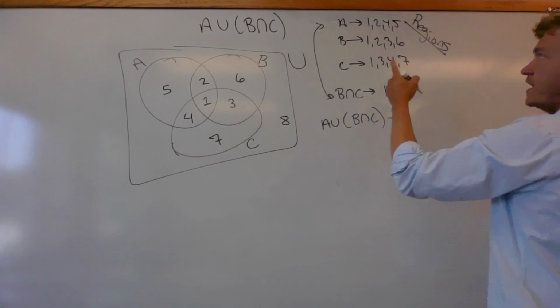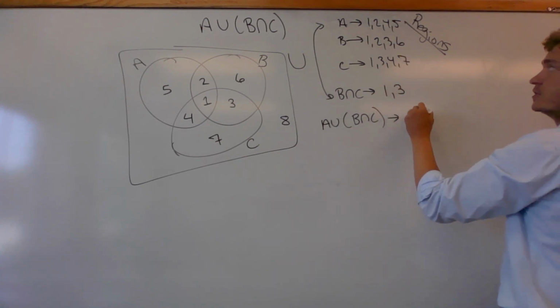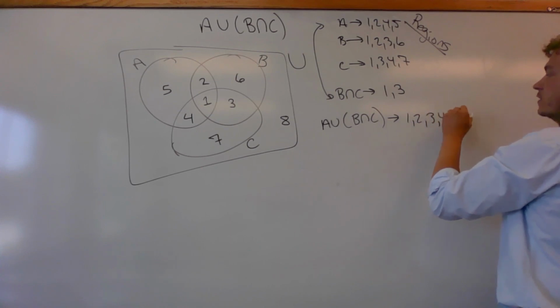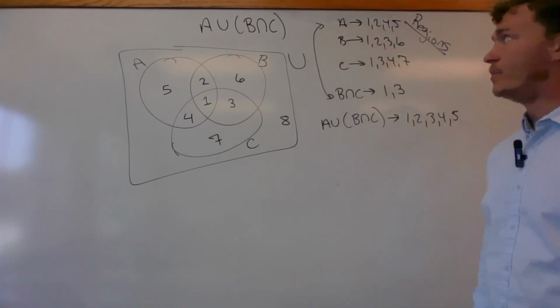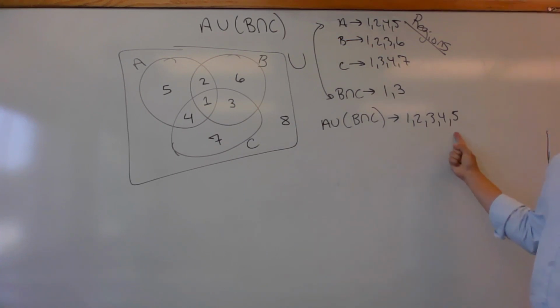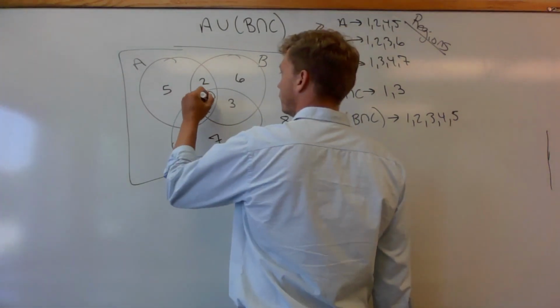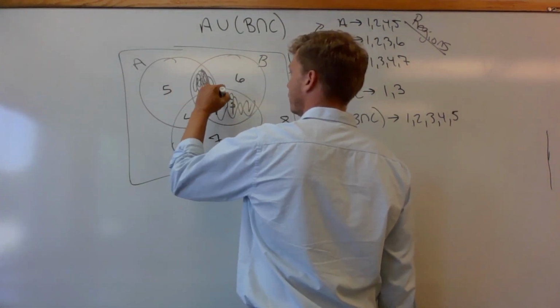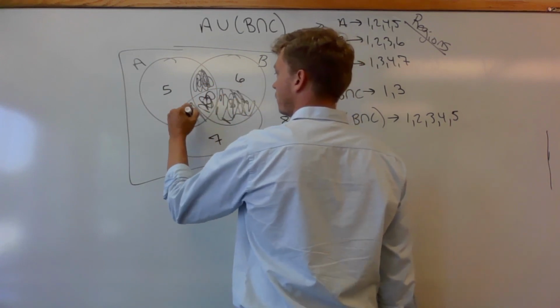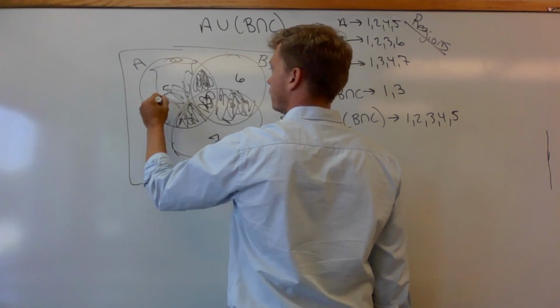Everything that's in A, 1, 2, 4, 5, and everything that's in B intersects C, 1, 3. We'll list them all together: 1, 2, 3, 4, 5. So A union B intersects C will be represented by the following 5 regions: region 1, 2, 3, 4, 5.